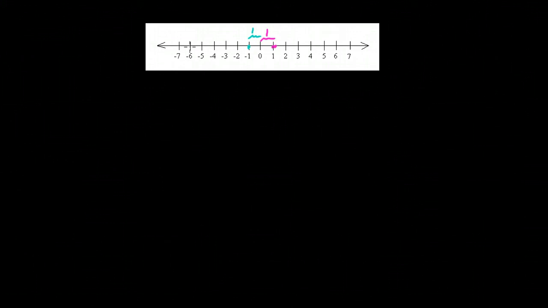Same thing with a negative 6, right? Negative 6 is going in the left direction from 0 6 times. And that leads us to another concept we'll describe in just a second, whereas going in the right direction 6 times from 0, I land on a positive 6.